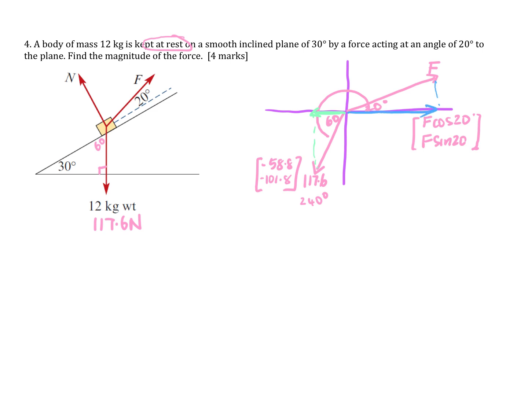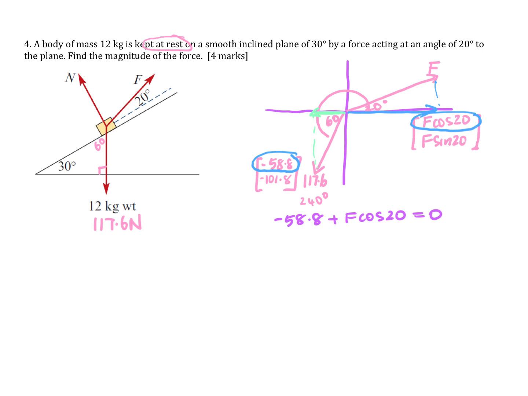So the i value of this one has to balance with the i component of that one. Now, by balance with, what we actually mean is that those two values add up to give us 0. So we have negative 58.8 plus f cos 20 is equal to 0.